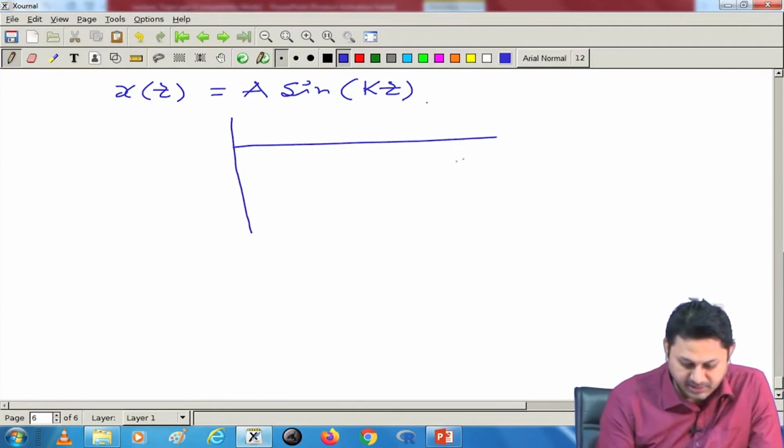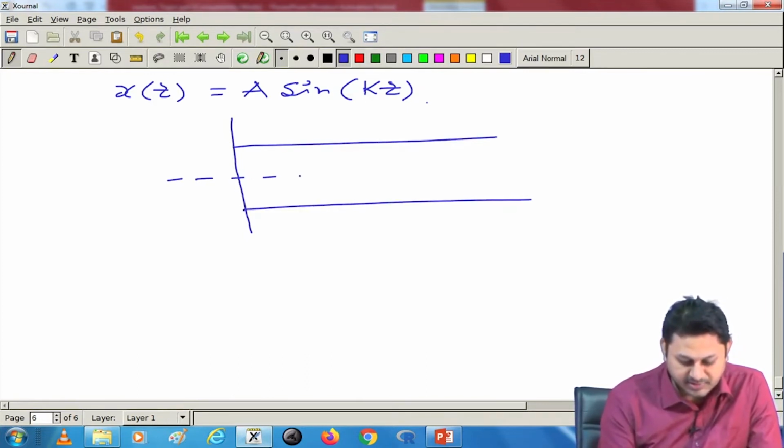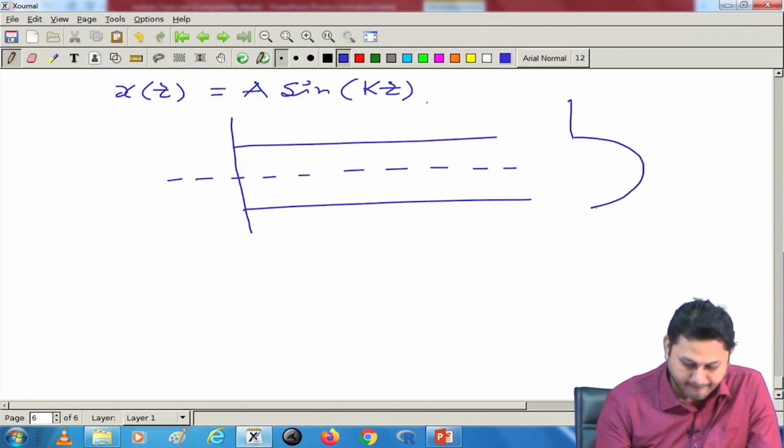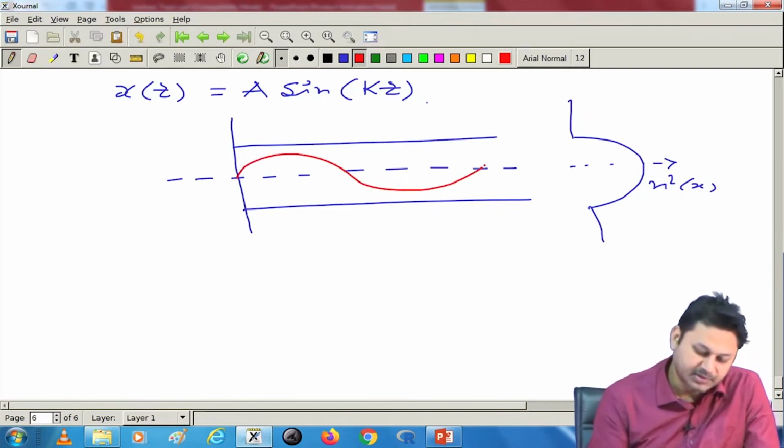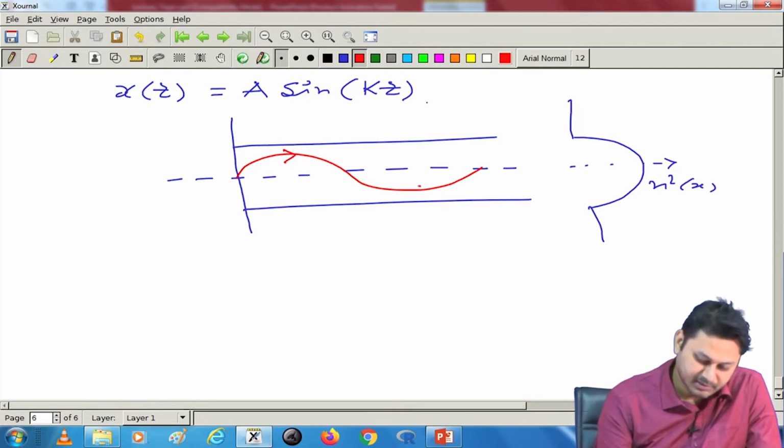A very interesting thing that I find. For step index fiber it was a straight line, but in a parabolic index profile, the path that it will follow is sinusoidal in nature. So, it should be simply like this for graded index.